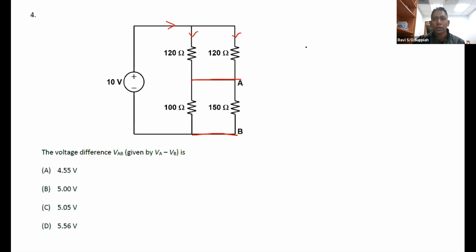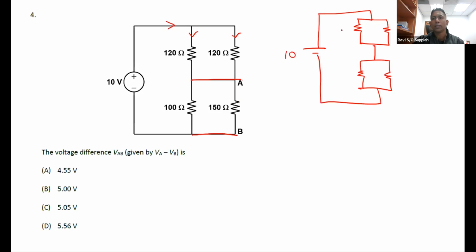So you can redraw it in a way that maybe looks easier to understand. You can draw it something like this. So you can see it's 120, 120, 100, and 150. These two combined together will give me 60.